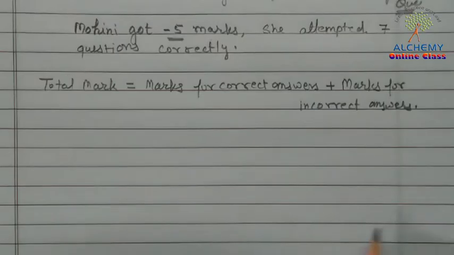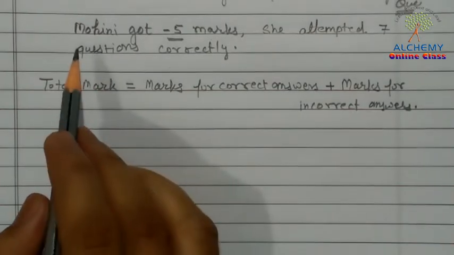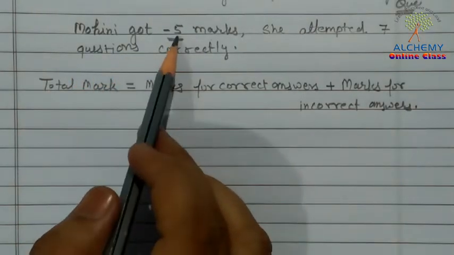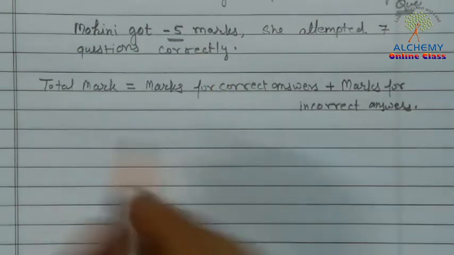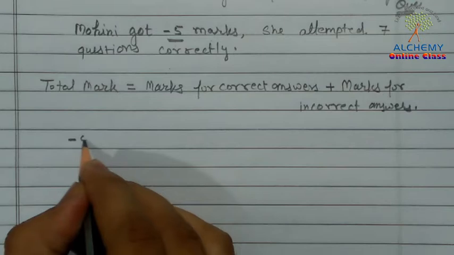Okay, so students, we know the total score of Mohini. The total score of Mohini is -5 marks. So Mohini got -5 marks as total mark.